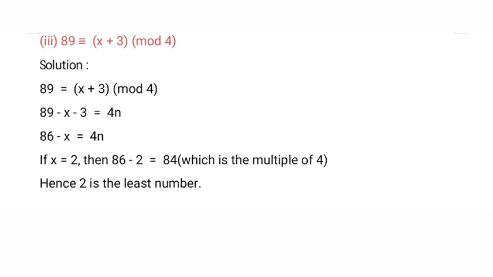Now substitute x equal to 1, 2, 3. If x equals 1, 86 minus 1 is 85, which is not divisible by 4. If we put x equal to 2, we get 84. 84 is divisible by 4, which is a multiple of 4. Hence 2 is the least number. Therefore x equals 2.